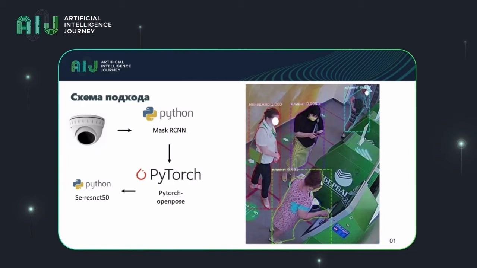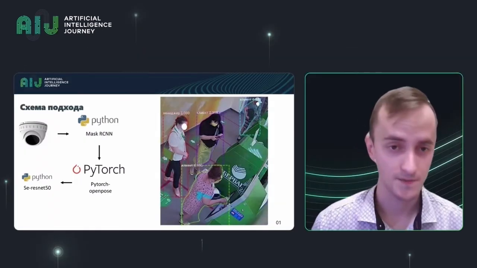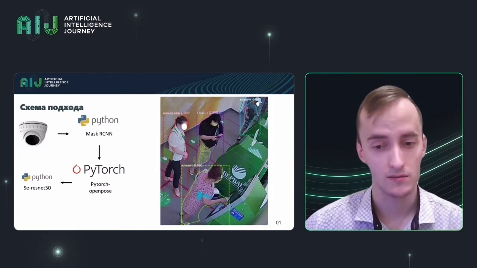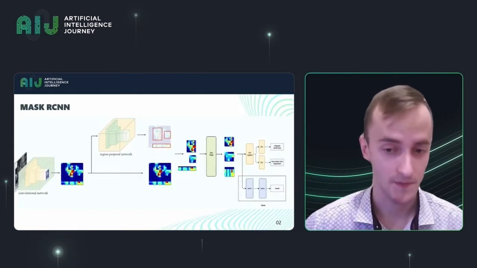In this particular case, it's Mask RCNN, after which we identify the location of the person using PyTorch OpenPose. And then we use a classifier, for instance, ResNet 50, to identify if the employee is wearing a mask.